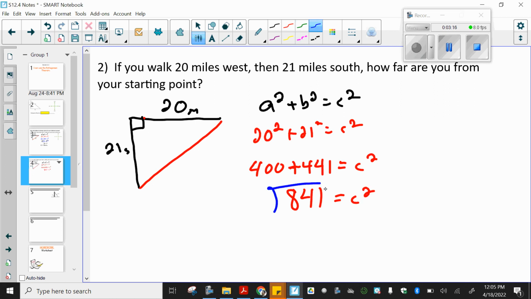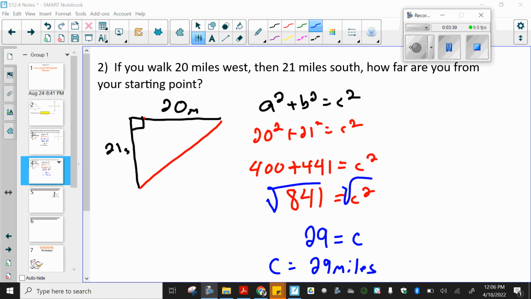We're going to find the square root of these two things. Using my calculator, the square root of 841 is 29. So our answer is c equals 29 miles.